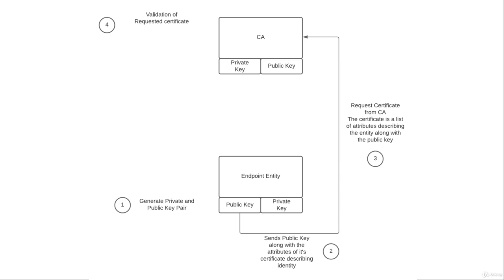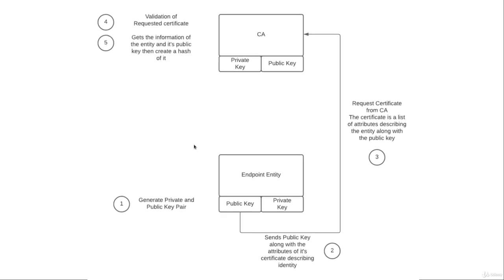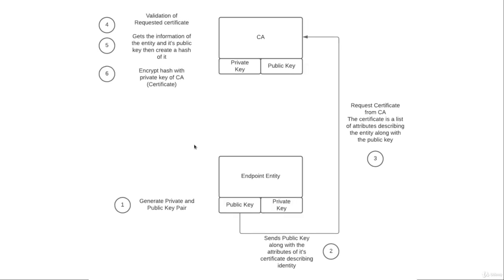The certificate of authority would get that request and validate that the information is accurate. It compiles this information along with the public key and creates a hash of it. The certificate of authority then encrypts the hash with its own private key. This now becomes called a certificate.